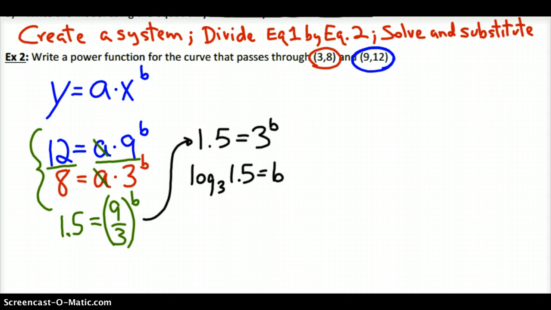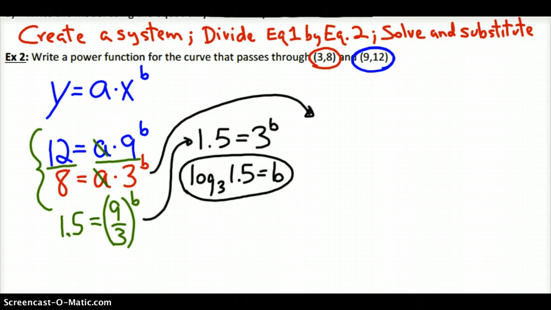Now yes, we could get a decimal for this, but this is a somewhat complex, but nice looking expression for b. Now like we did before, we're going to take my value for b and use one of my 2 equations here. Now this time it looks like my red equation is going to be a good fit here. So I'm going to take my red equation and substitute b in for that.